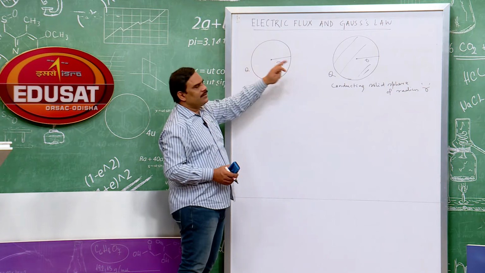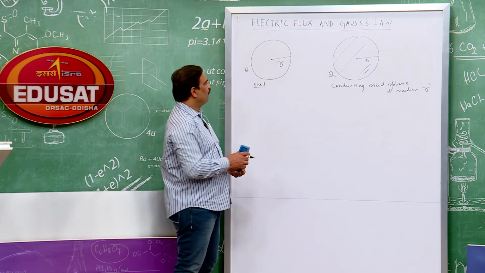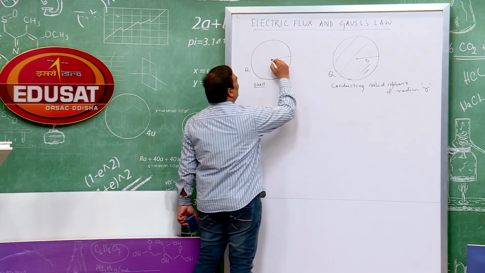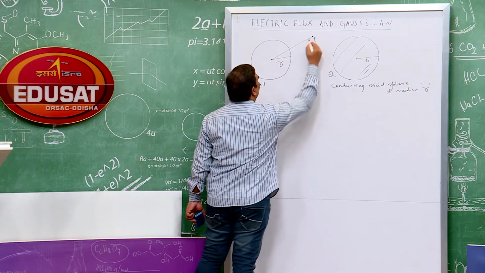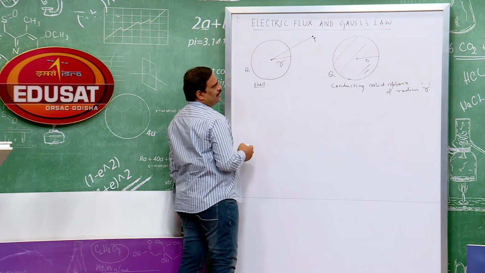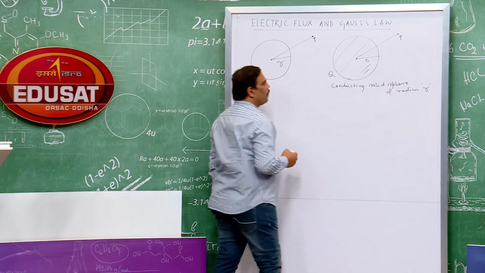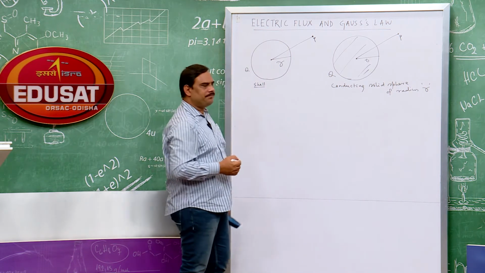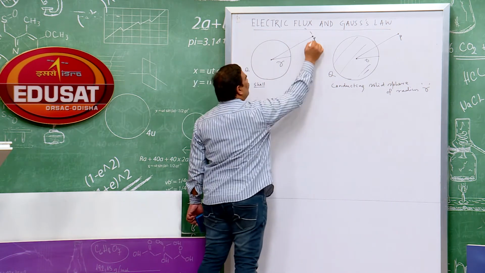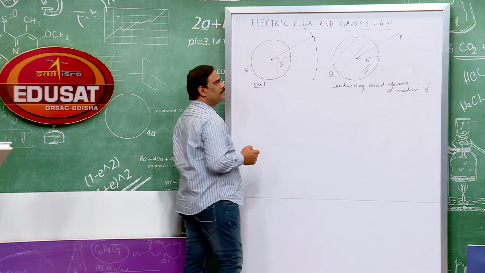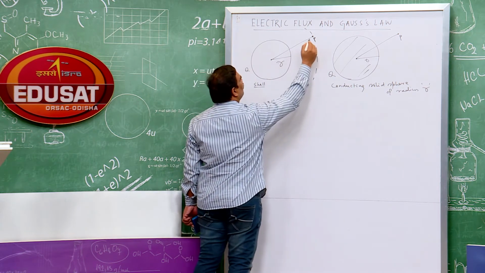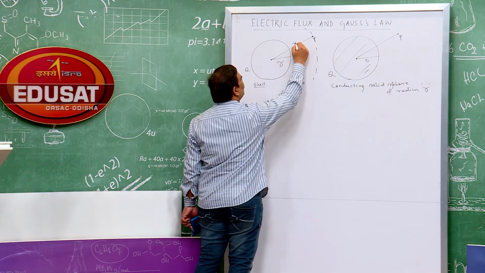So, both are very similar cases. If I consider a point P outside the shell or outside the sphere, and imagine a Gaussian sphere of radius equal to the distance x.